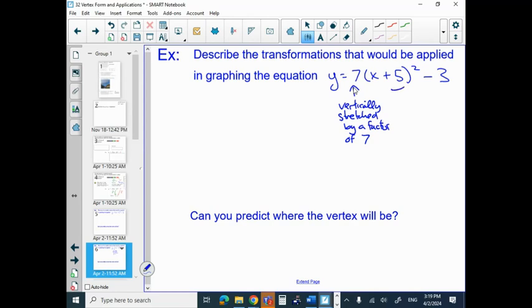This would be over to the left 5. So shifts left 5. Make sure you recognize here that we're noticing that it says plus, and so we're making it backwards. And then this one here, of course, is -3, so it shifts down.